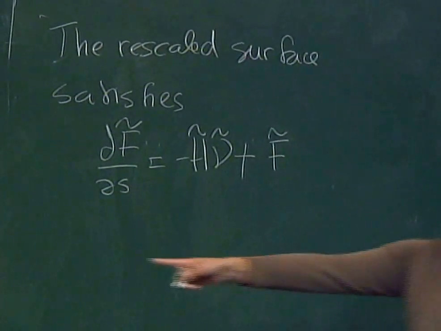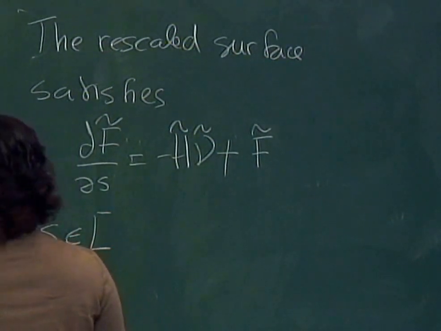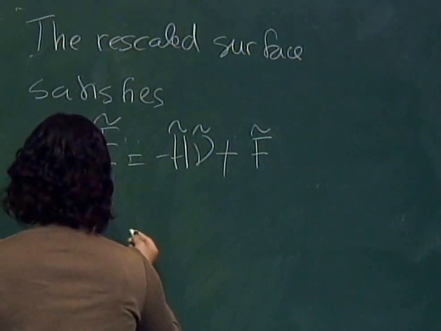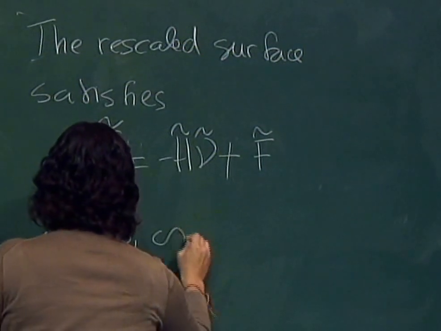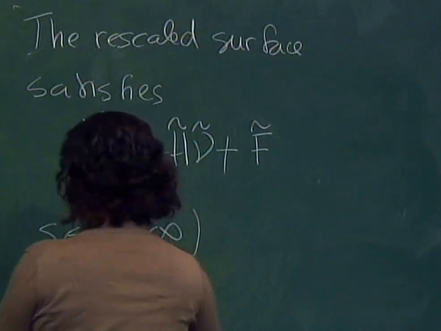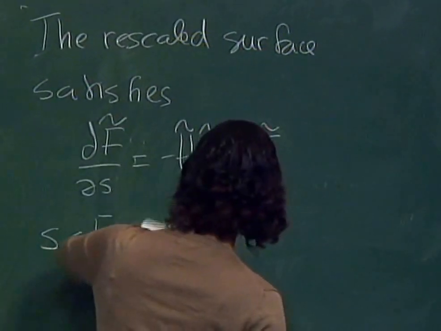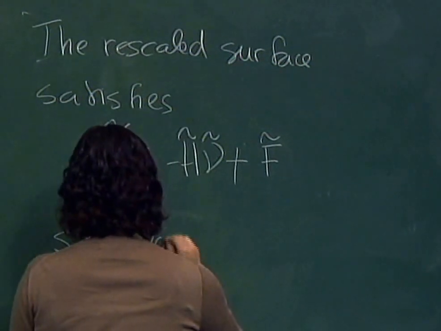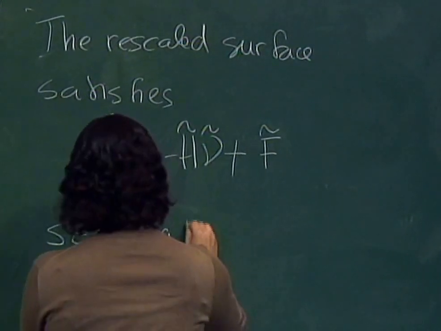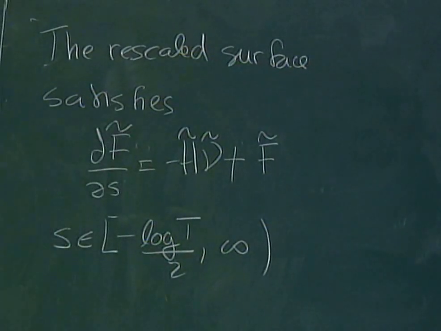And S is something that is between 0, I guess. Let's see. When t is equal to 0 it is minus log t. I don't care too much about the initial time, but the point is that it goes all the way to infinity.